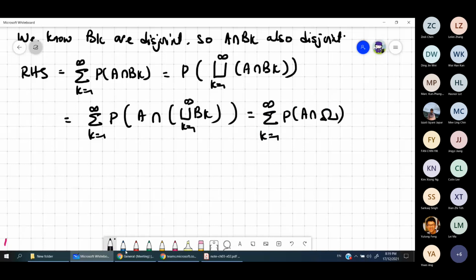Oh, sorry, no more summation here. No summation here. And then this must be P(A). So this equals the left-hand side. So done, that's the formula. You can get it.